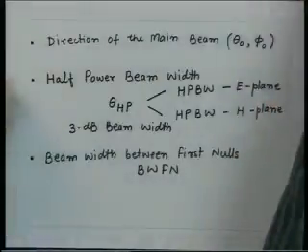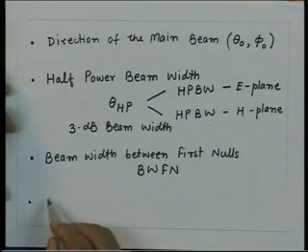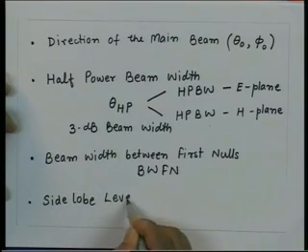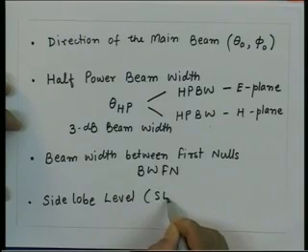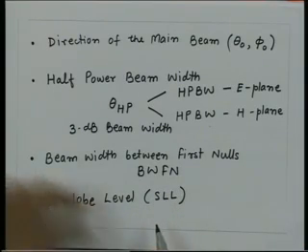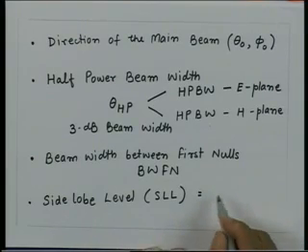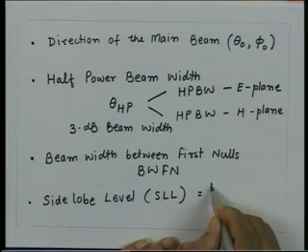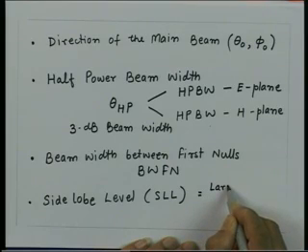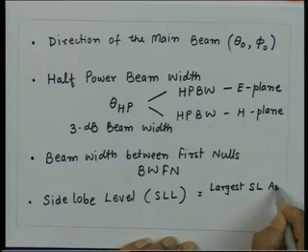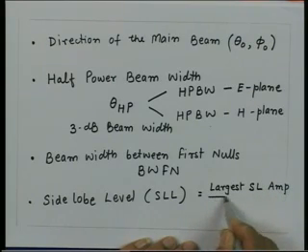So we define this characteristic parameter, what is called the side lobe level, which is nothing but the largest side lobe amplitude divided by the main lobe amplitude.